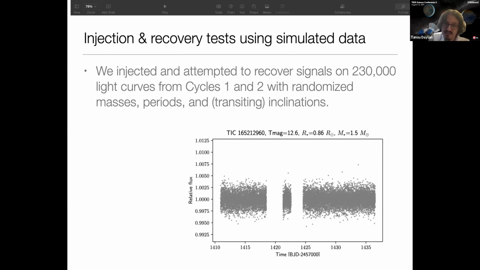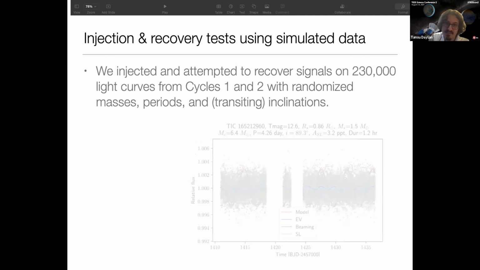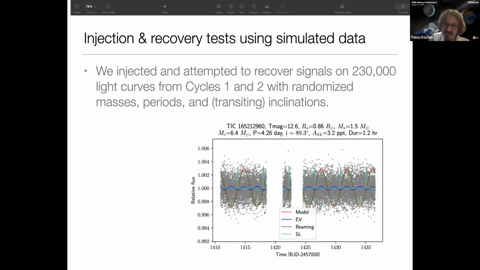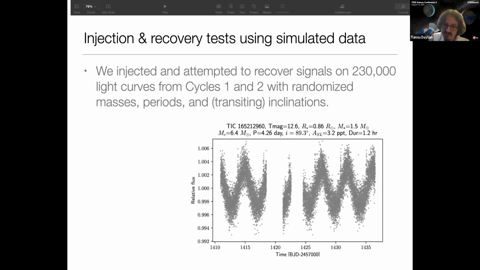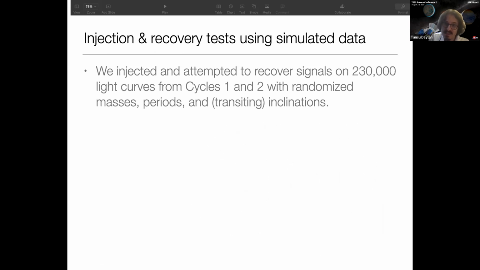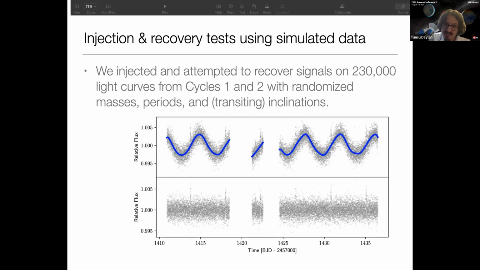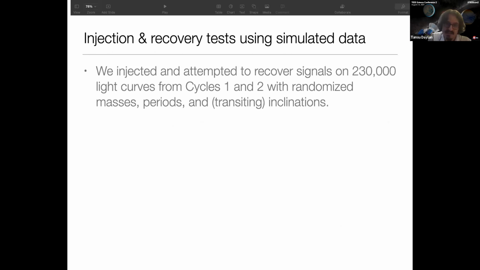So this is a real TESS light curve, and then we inject color-coded components to it to get the light curve that's now shown. So this is now a simulated light curve with the signatures that I just described. And then we first model it by using a detrending algorithm, a hybrid spline fit. And as you can see in the detrended light curve down below, we can start seeing the pulses.